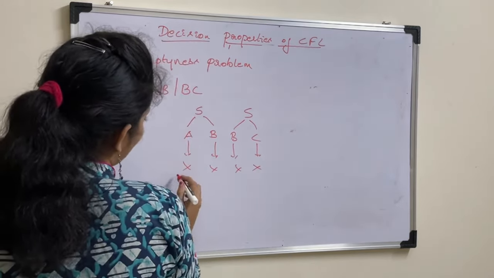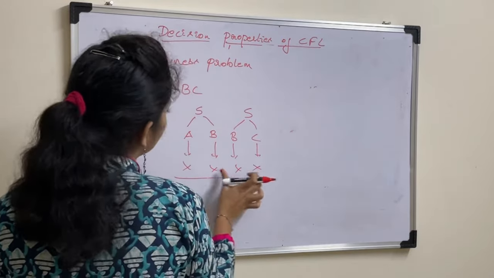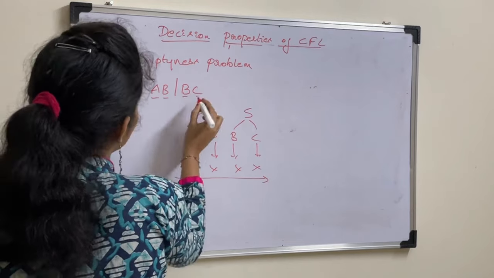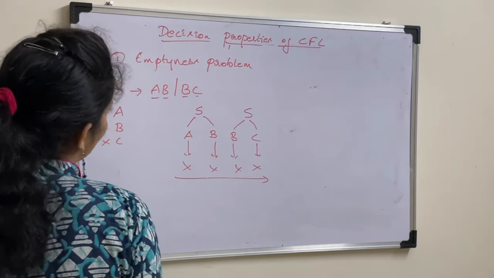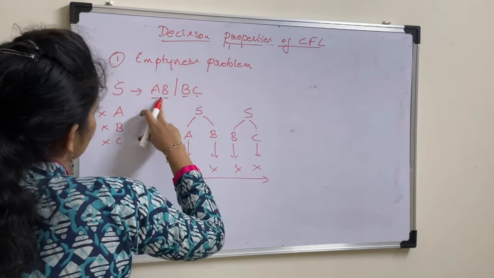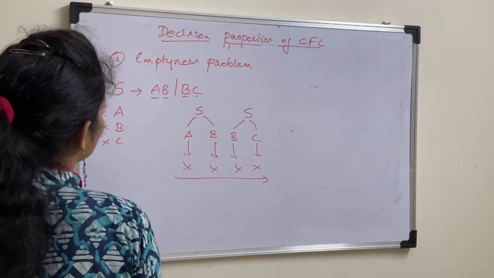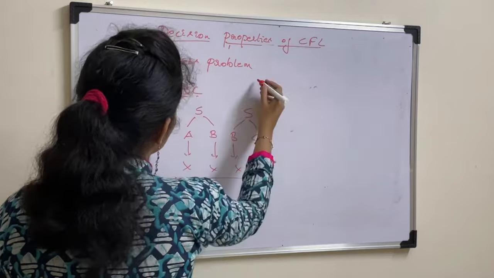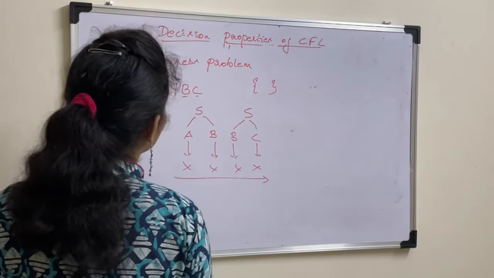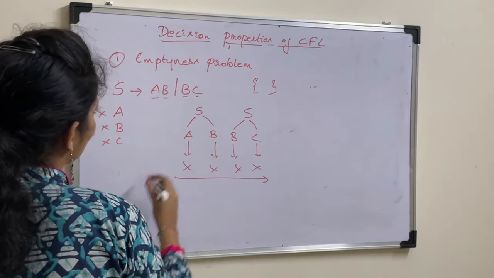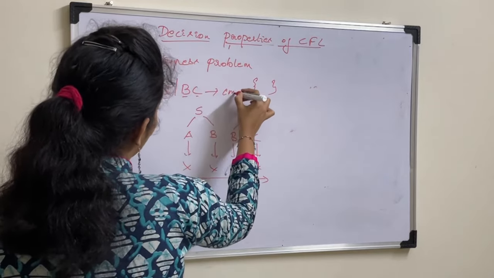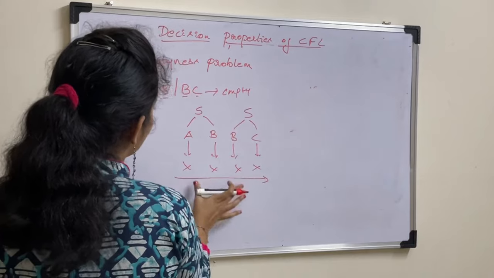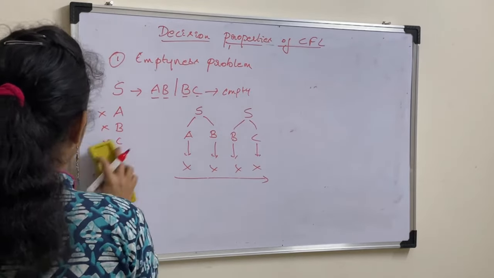As we are unable to generate strings of terminals, we consider these symbols as useless symbols. The start symbol contains useless symbols, so obviously the language generated by this is empty. This is the example for an empty language.